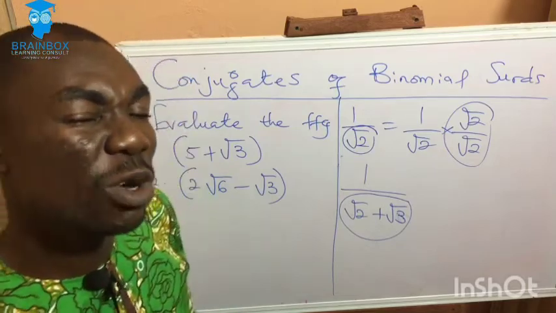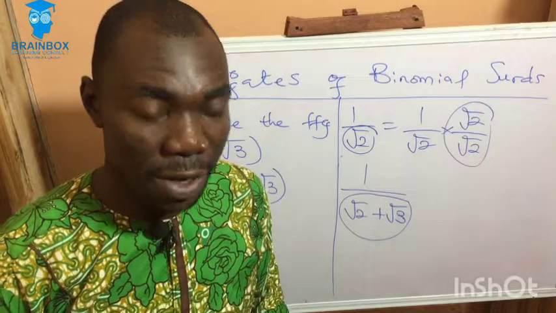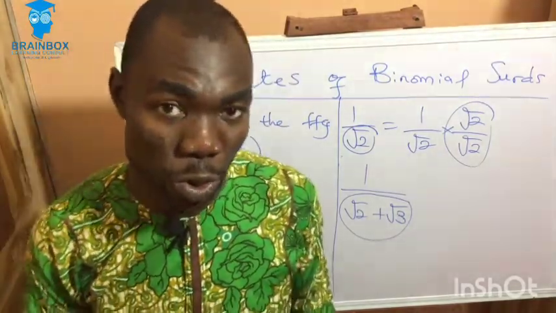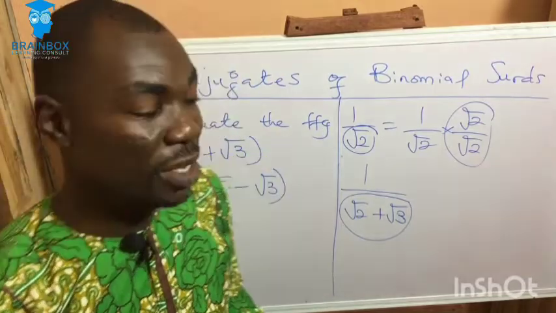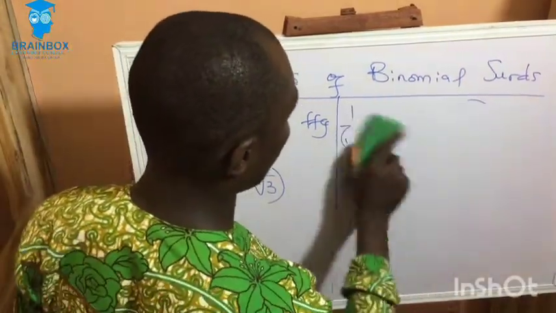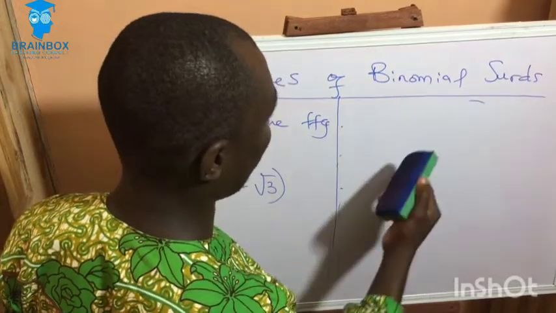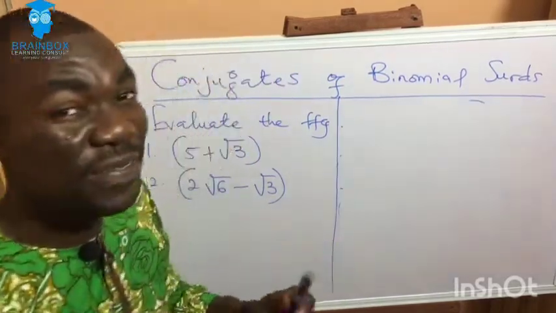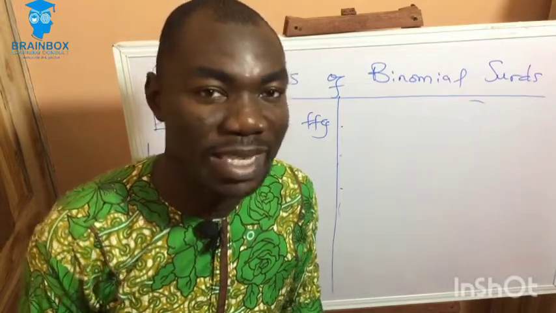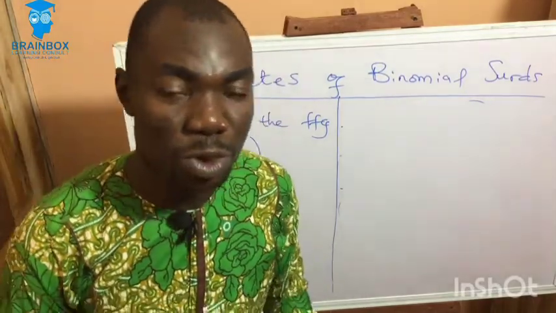And the idea of the conjugate is very important, especially when it comes to difference of squares. For the conjugate of binomial surd, difference of squares is important. In fact, you have to know this.